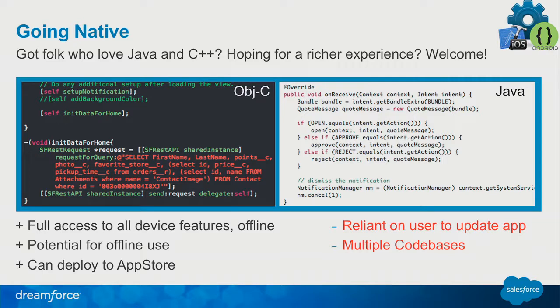That's not even taking into account Windows Mobile, which, despite all odds, is a thing, and BlackBerry, which, along with all odds, is still not quite a thing, though that Passport thing was actually kind of cool. This can be difficult to roll, and you may have seen this with Salesforce1 even, with the amount that we have native on there, that there are differences between the iOS release and the Droid release. So it's something to keep in mind that you may need a larger staff to be able to keep up with doing native development.